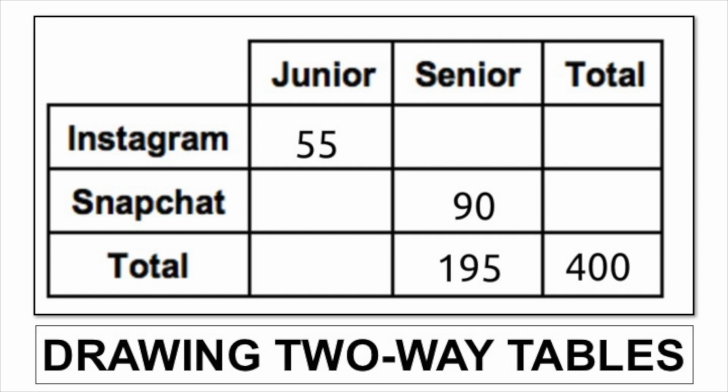As you can see here is an example of a two-way table. In one column, we've got the people, juniors and seniors. And then in the vertical columns, we've got the different types of categories for social media, Instagram and Snapchat. So see how two sets of information go in two different ways.